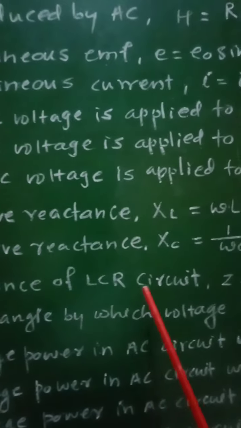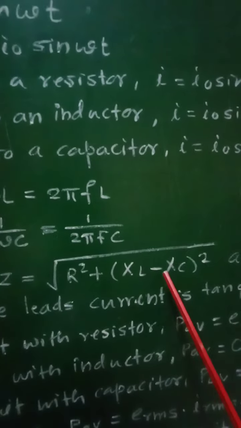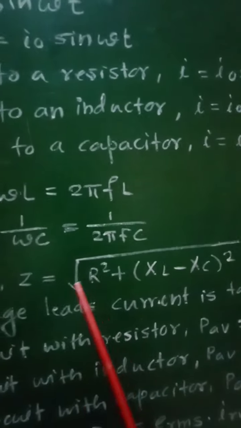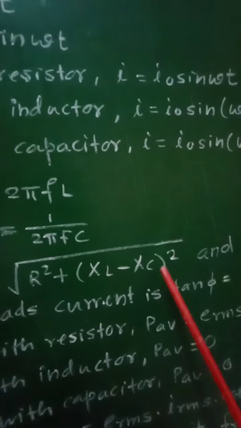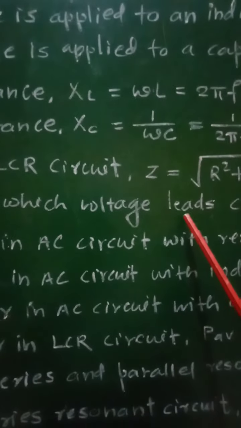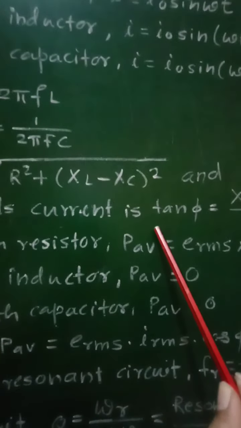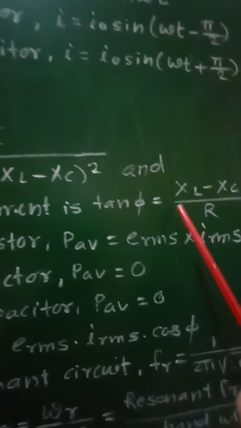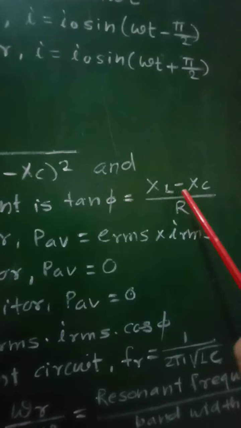Impedance of LCR circuit Z is equal to square root of R square plus XL minus XC whole square, and the phase angle by which the voltage leads the current is tan phi equal to XL minus XC upon R.